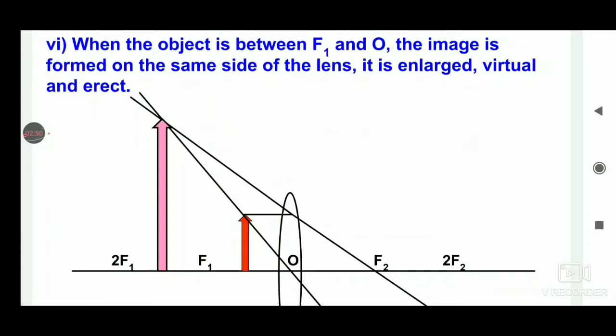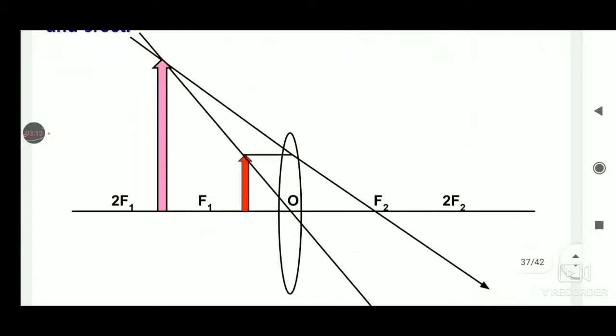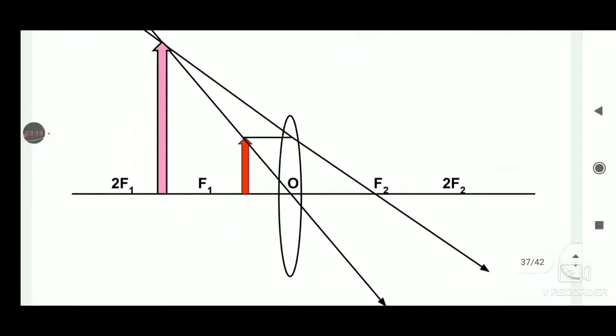Size will be bigger as compared to the object, and the image is virtual and erect. So in case of convex lens, there is only one case when the nature of the image is virtual, and the case is when we place the object between F1 and optical center O.